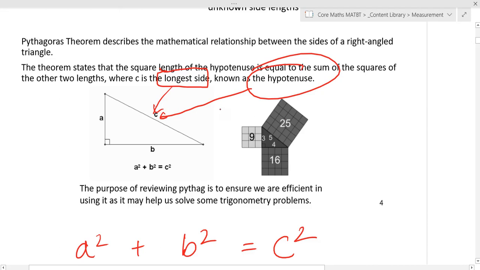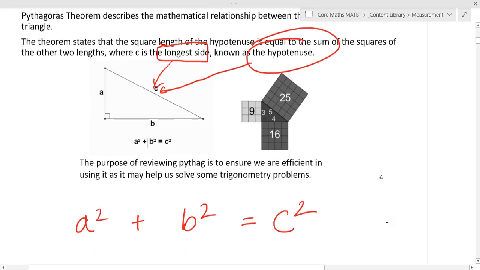Dylan, are you writing notes? Yep, so that goes for any right angle triangle, longest side. A and B are either of the shorter sides. It doesn't actually matter. You can call this B as well, and that A. There's no big difference between them, but just know that the longest side is C, and A and B are either of the other sides.